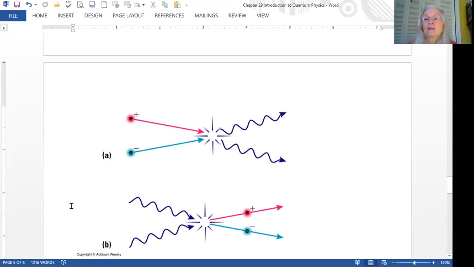So in this little graphic, the top one shows annihilation, where a positive electron, which is a positron, and a regular electron come together and annihilate each other, and just the energy is released in the form of a photon. And the bottom one shows pair production, where two photons come together and the energy is converted to mass in the form of a positron coming off and an electron coming off.